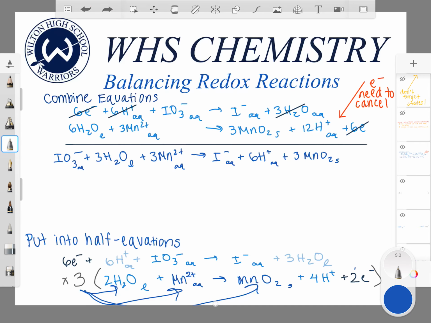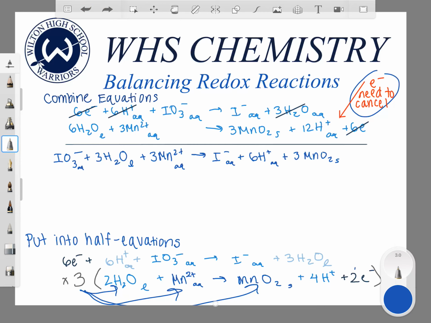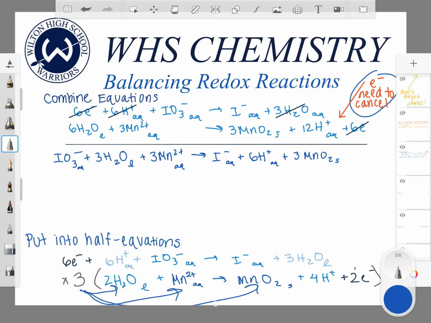So when you multiply the 3 out, you get 6 water plus 3 Mn2+, and that yields 3 MnO2 solid plus 12 H+ plus 6 e-. And like I wrote up here, the electrons need to cancel in order for us to make the net ionic equation. So that's why we multiplied the whole equation by 3.